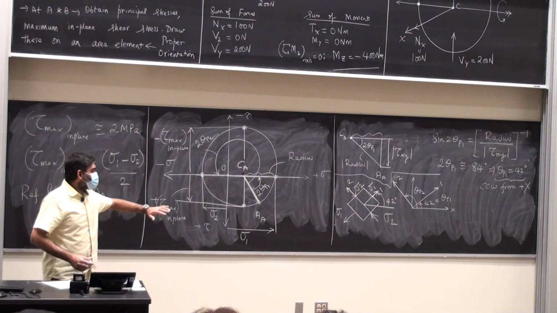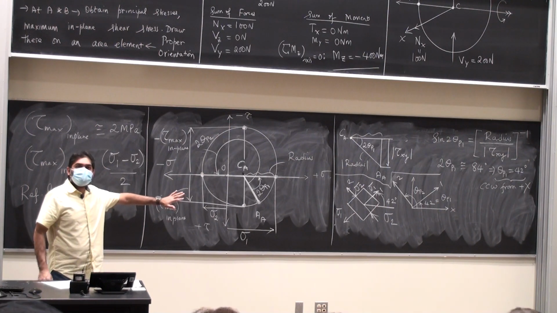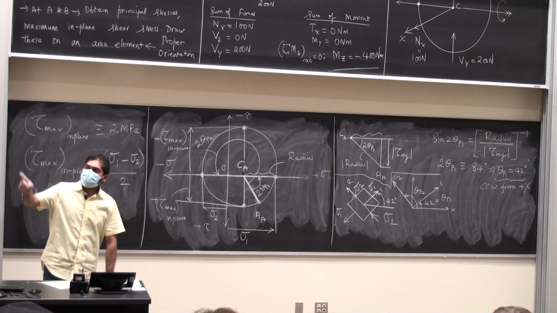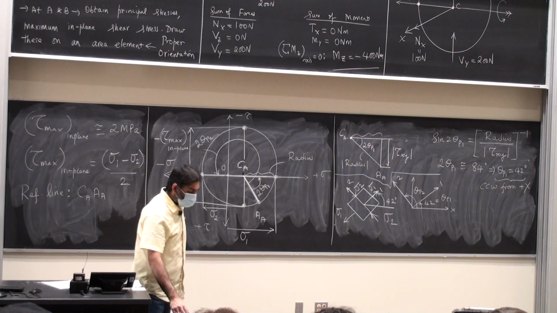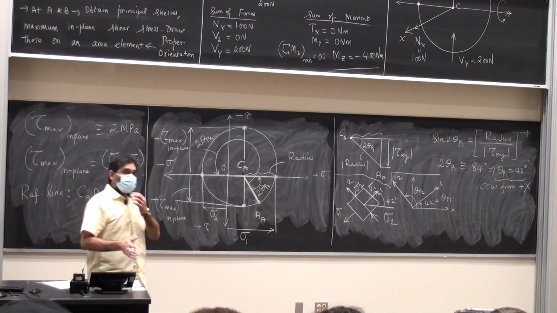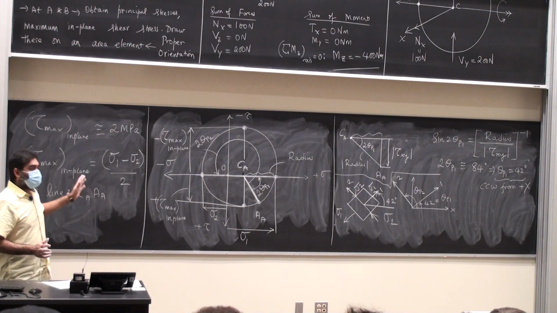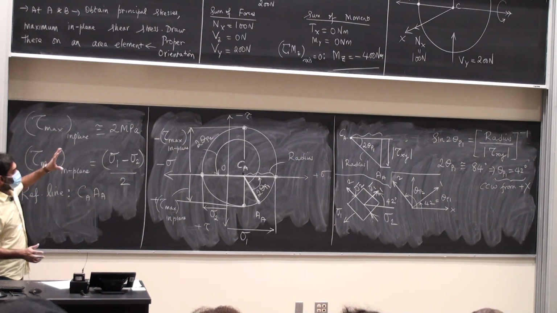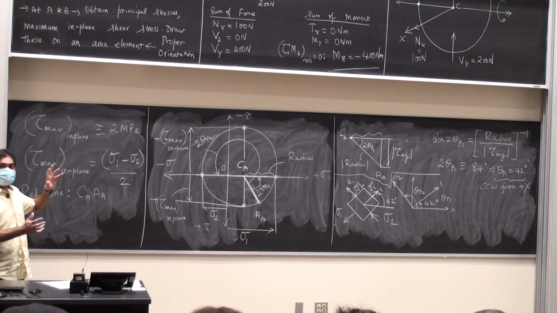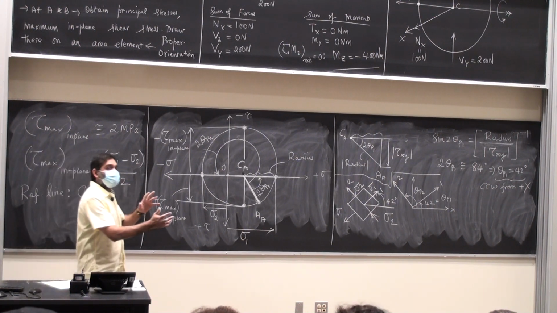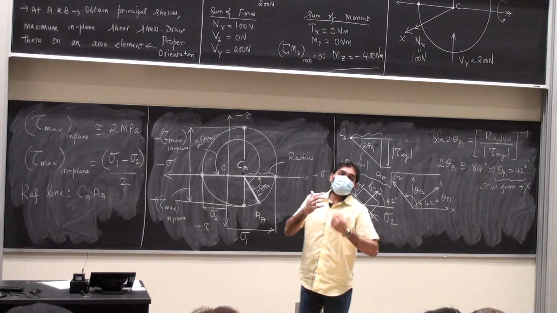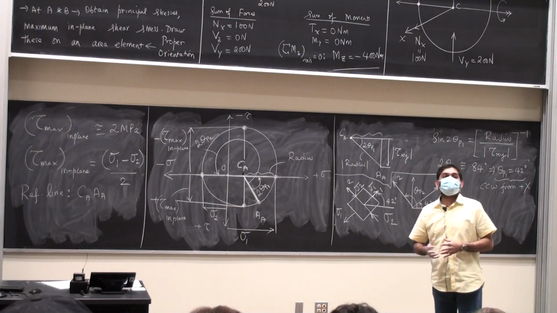I want to make sure if there are any questions on what I have done so far. I don't want to hurry it up. I think we're out of time. When we come back on Monday, we're going to revisit this problem once again. I'm going to look at the rotation of the shear plane, the plane containing the maximum in-plane shear stress, draw that orientation on the point A, do something similar for the point B, but we will do it much more quickly.